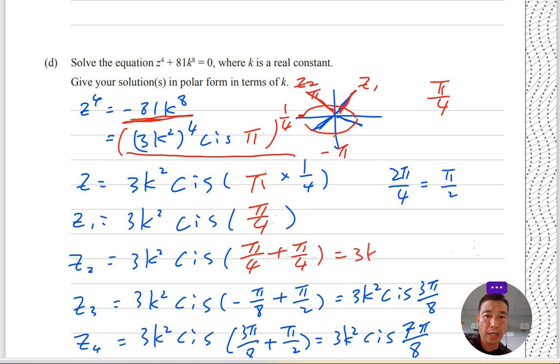So that means 3k squared CIS pi over 2, isn't it?